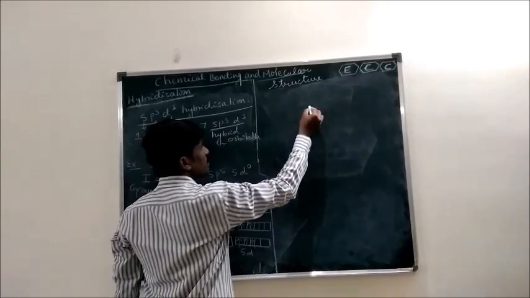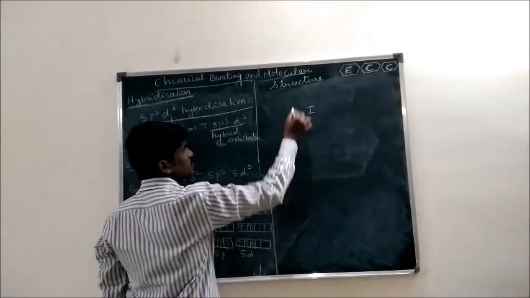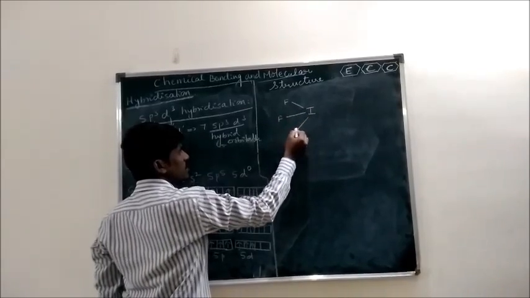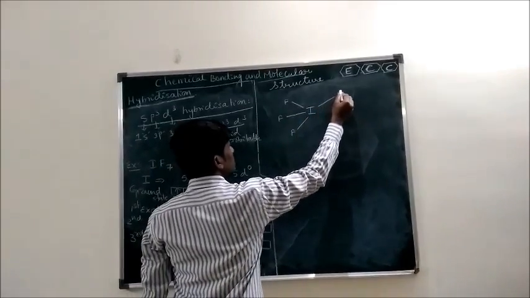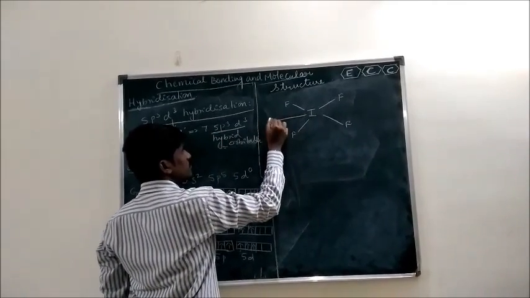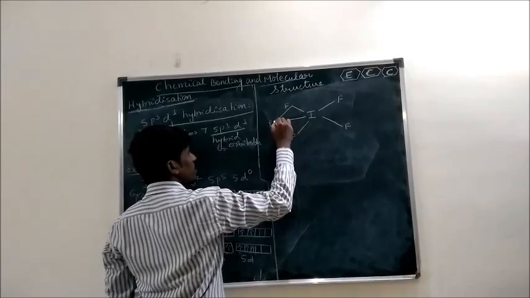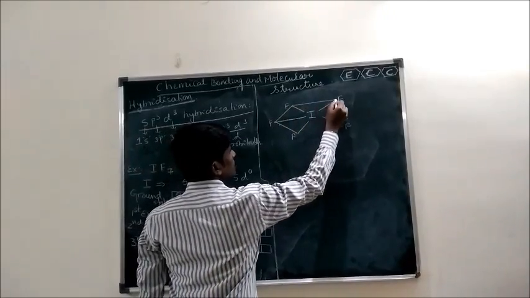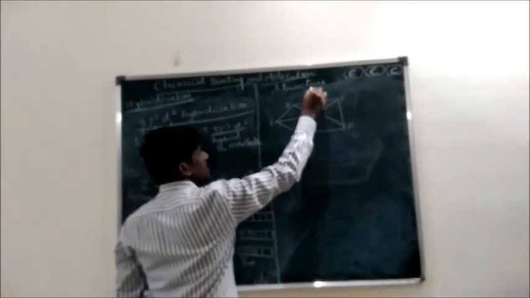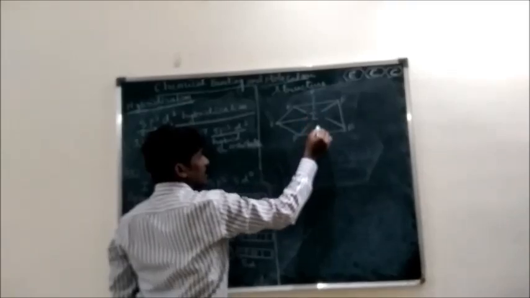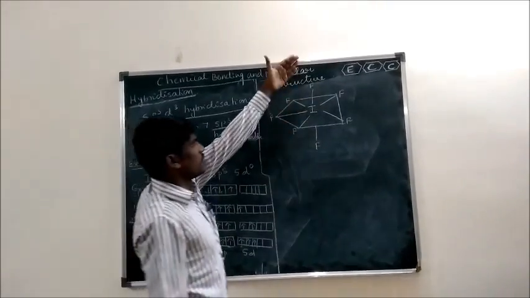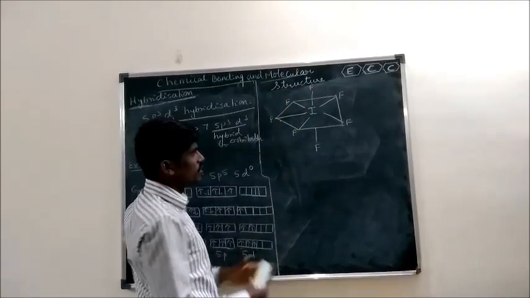If 7 atomic orbitals are undergoing intermixing, it will give 7 sp3d3 hybrid orbitals. And how will these 7 sp3d3 hybrid orbitals arrange? Iodine is connected to 3 fluorine atoms in this way. Now another 2 fluorine atoms are forming a pentagon, and one fluorine is above the plane and another fluorine is below the plane.